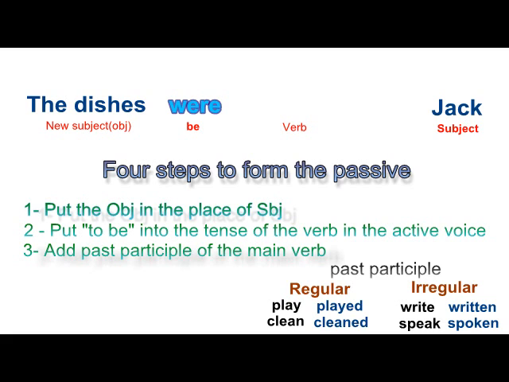Examples: write, written; speak, spoken. So we have to decide if the verb is regular or irregular before we make the past participle. For irregular verbs, we have to learn them by heart, but for regular verbs, just verb plus ed. The past participle of clean, as we have seen, is cleaned.